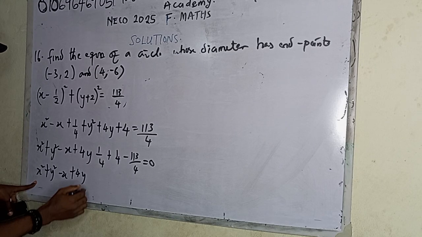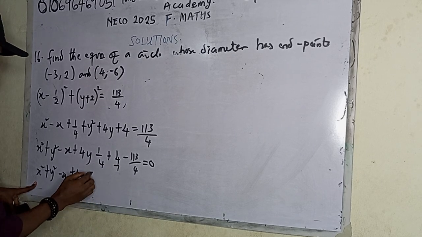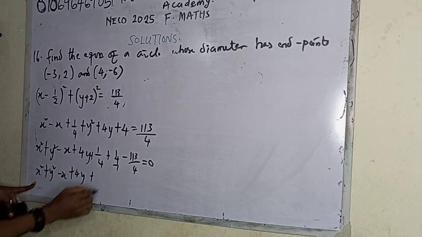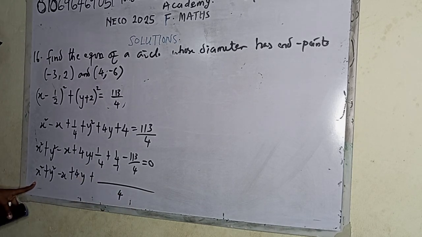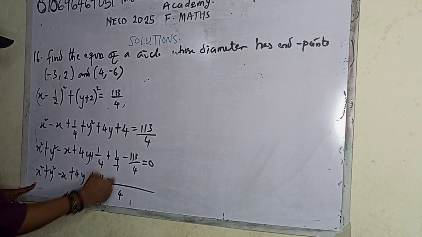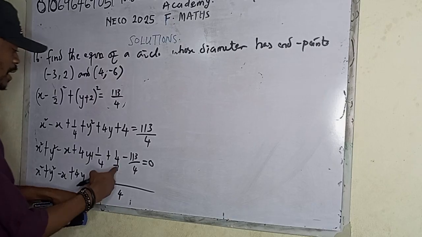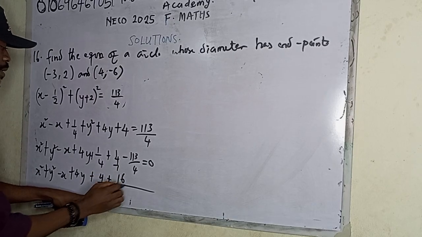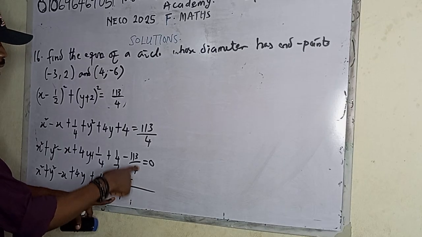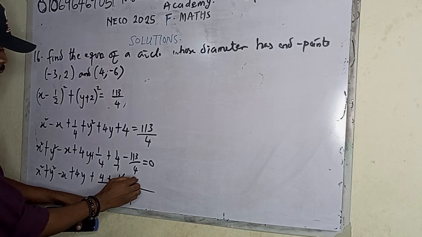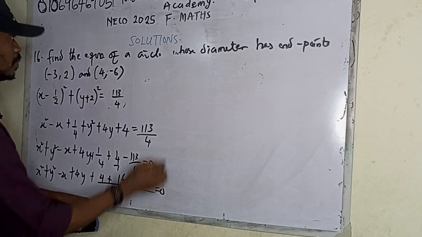If I take the LCM of them, I'm going to have 4. 4 in 4 is 1, 1 times 4 is 4. Minus 1 in 4 is 4, 4 times 4 is 16. Sorry, plus. Minus 4 in 4, 4 in 4 is 1, times 113. That's 113 equals 0.